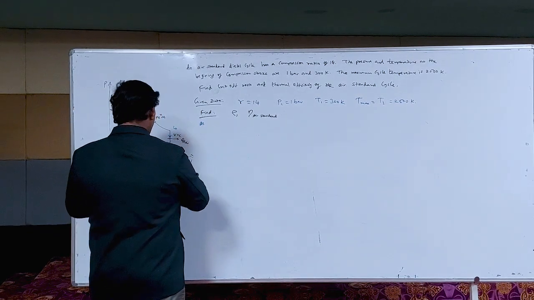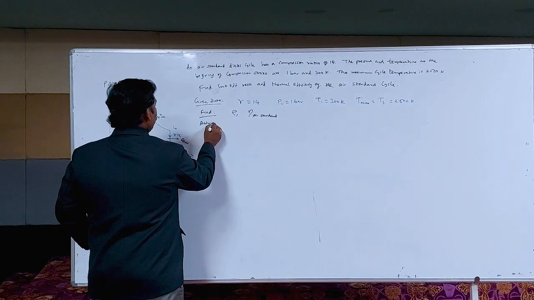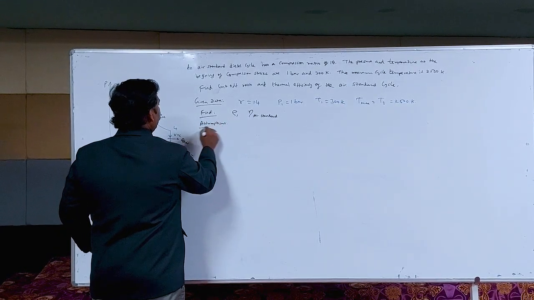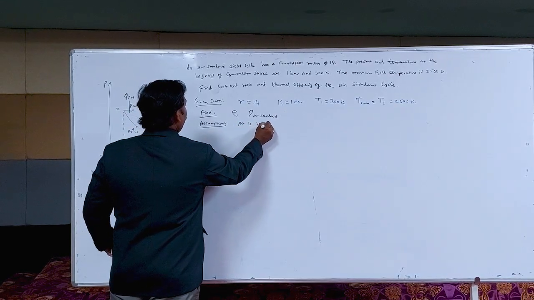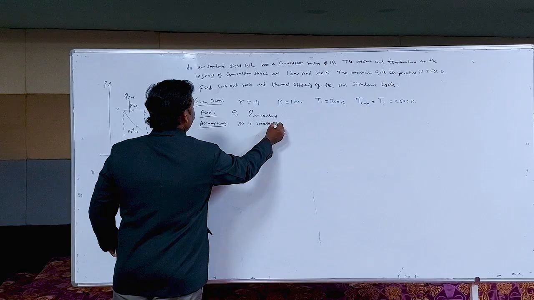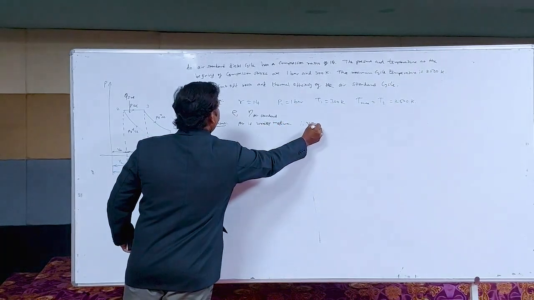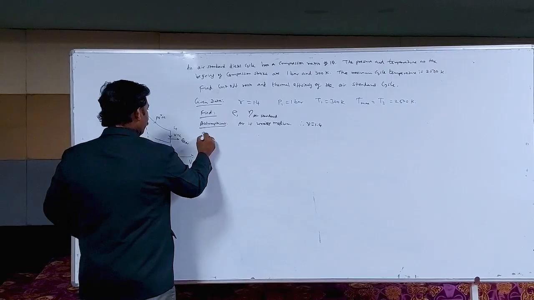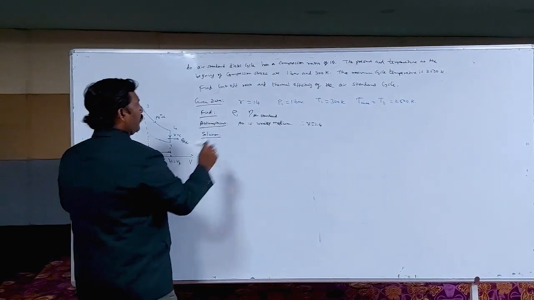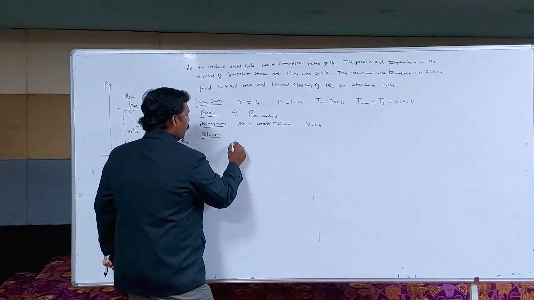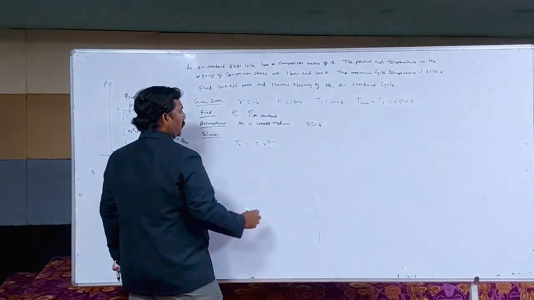The assumptions are: air is the working medium, therefore gamma is equal to 1.4. I will start with the solution. We know T1 and we know r, therefore we can find T2 is equal to T1 into r power gamma minus 1.